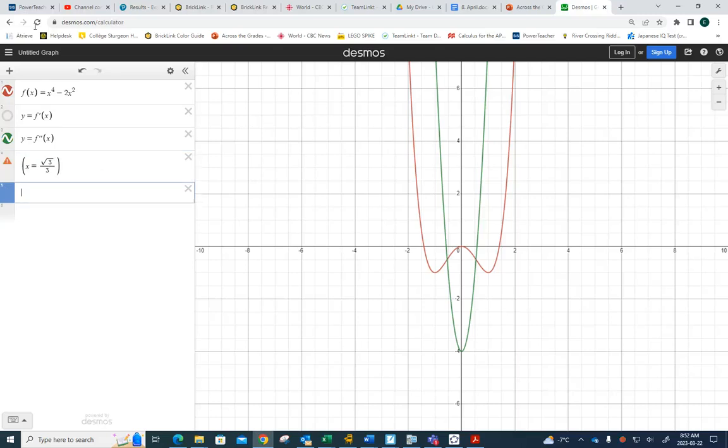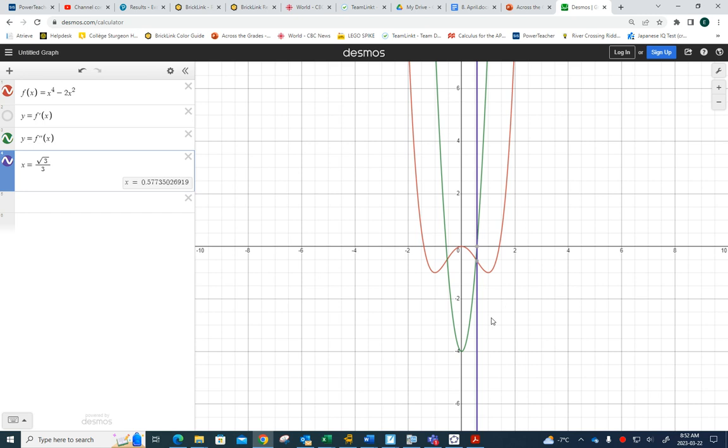That'll draw, oh, I don't want brackets. That'll draw this vertical line, and then take my green one off. You can draw a line. I'm sure we could play around with this with even better ways to find the inflection point.